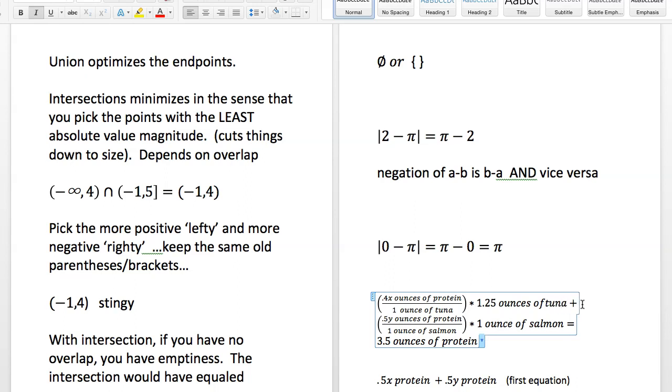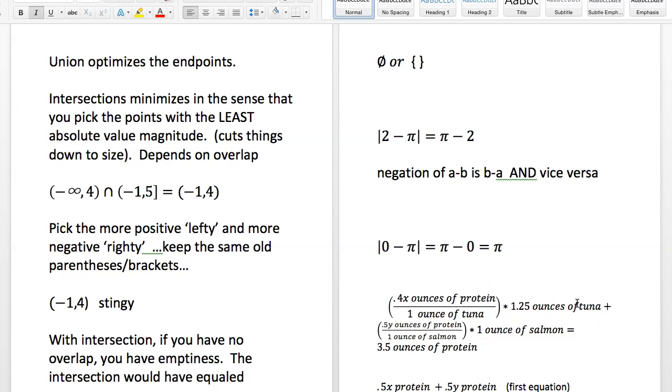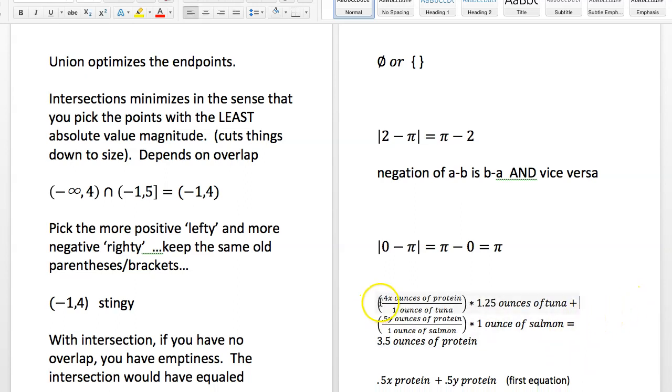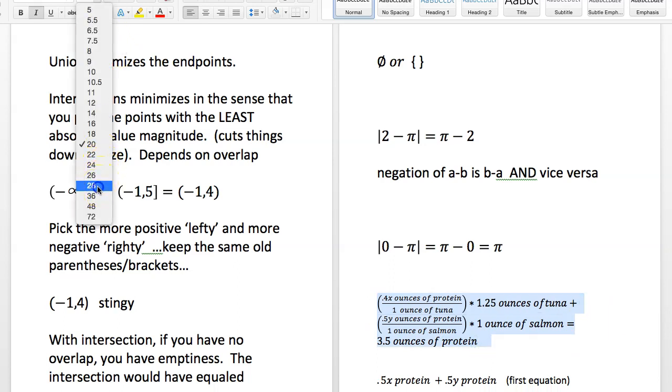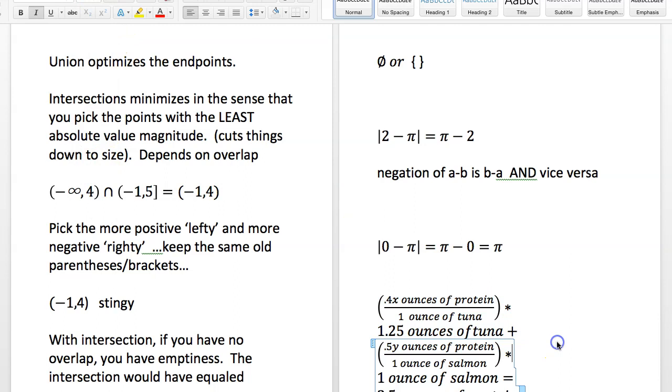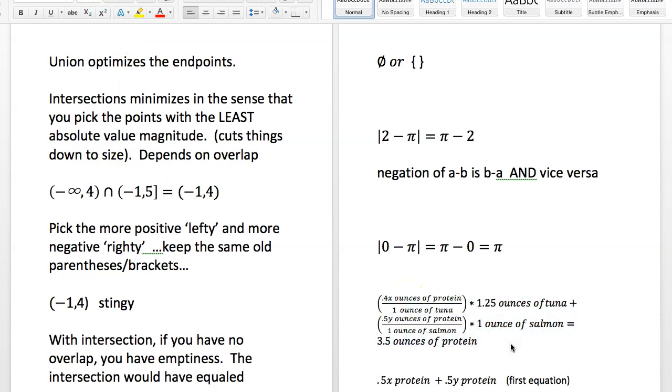Tuna. And I better make this bigger. No, actually, I don't like that either. Okay, I'd prefer it that way.